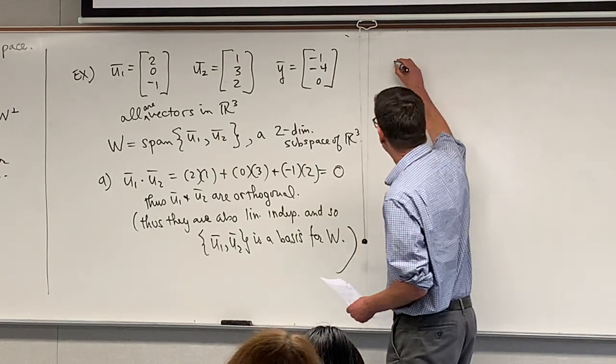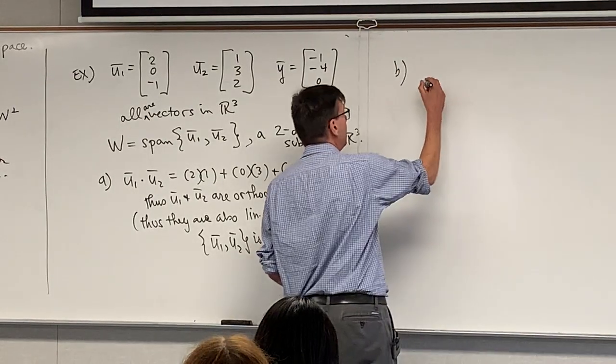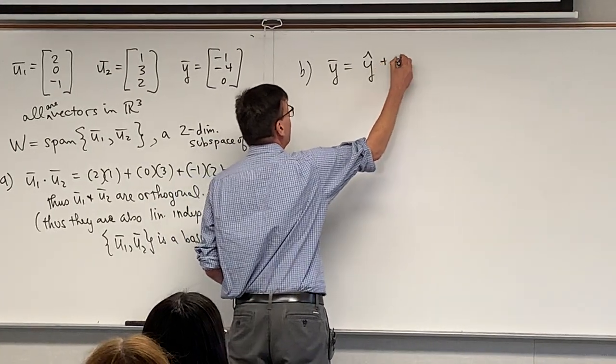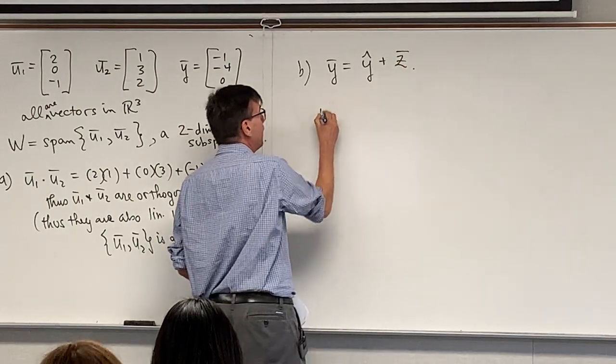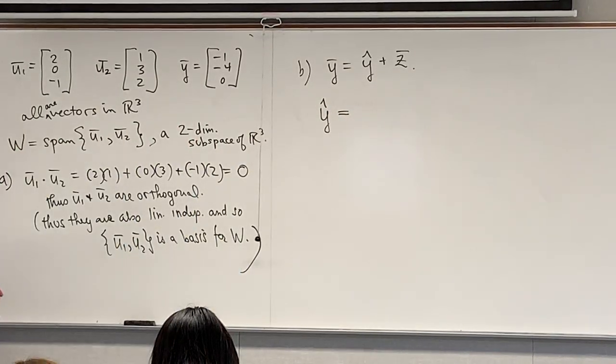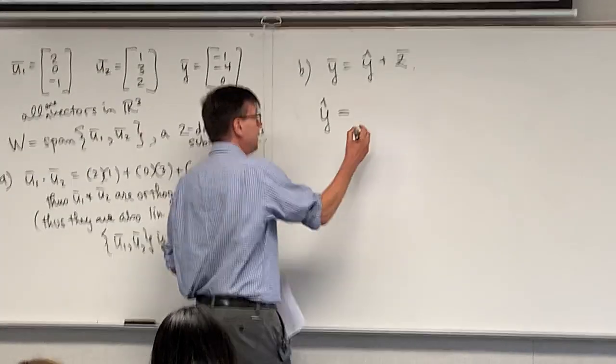Okay, part B. So we're going to express y as this y hat plus z. And y hat is going to be a linear combination of the vectors u1 and u2. So here's where our formula kicks in.